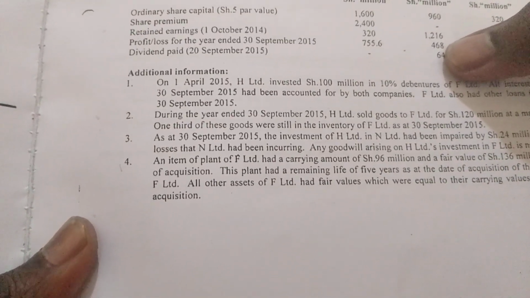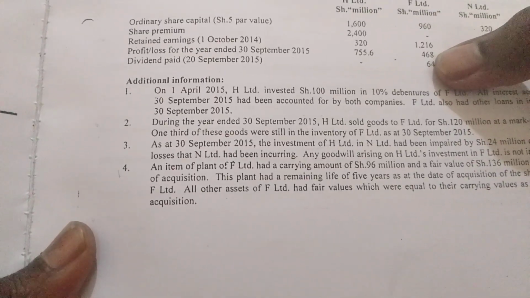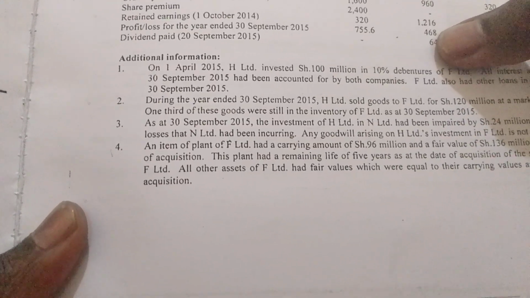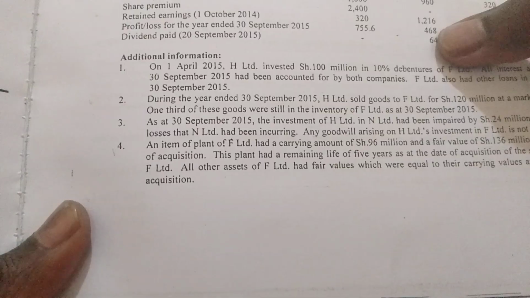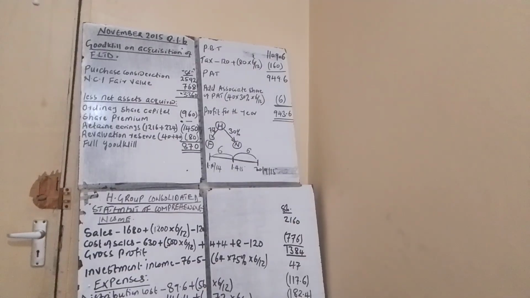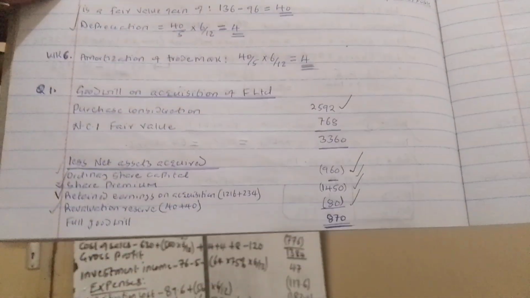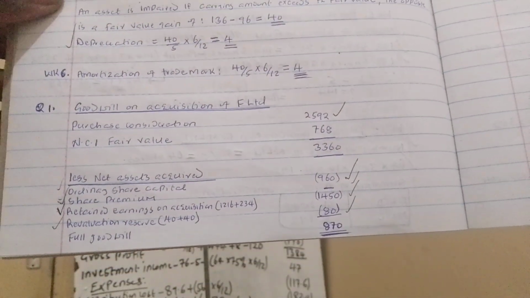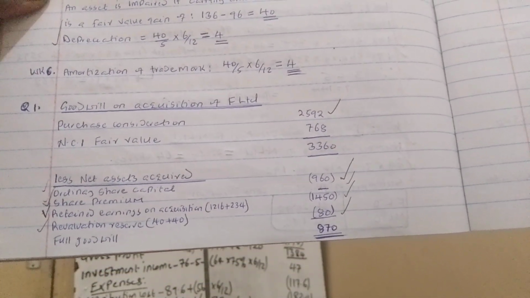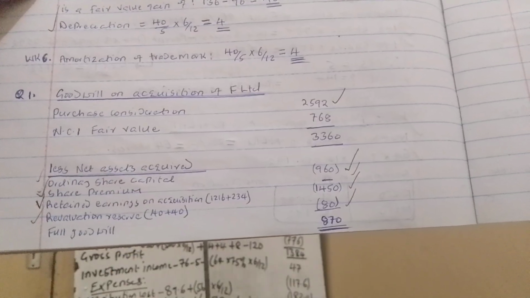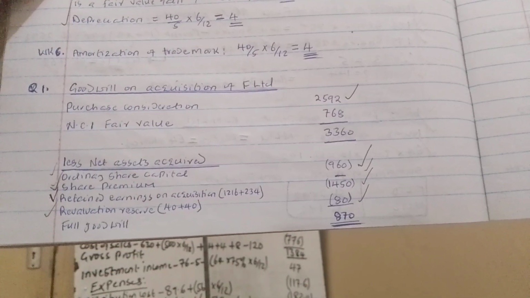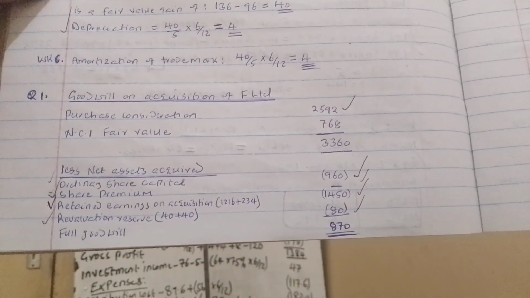So our profit as at the date of acquisition was 1216 plus half of 468. That is how we have gotten 1450. Then the other part was to do with revaluation. You can see the revaluation there of 40 plus 40, and that is to do with the PPE and the other patent.